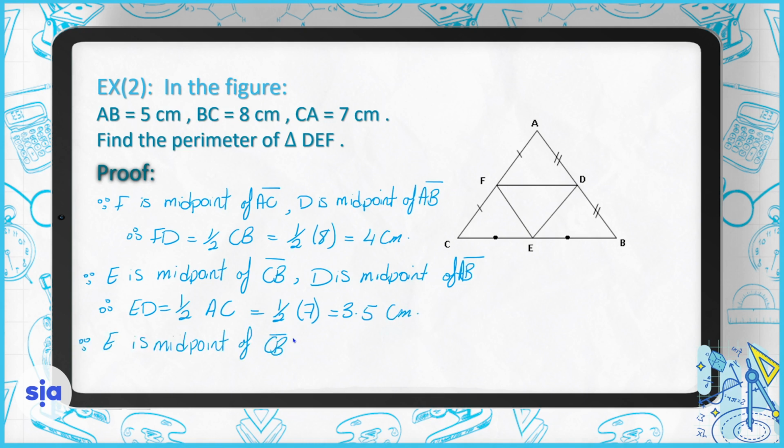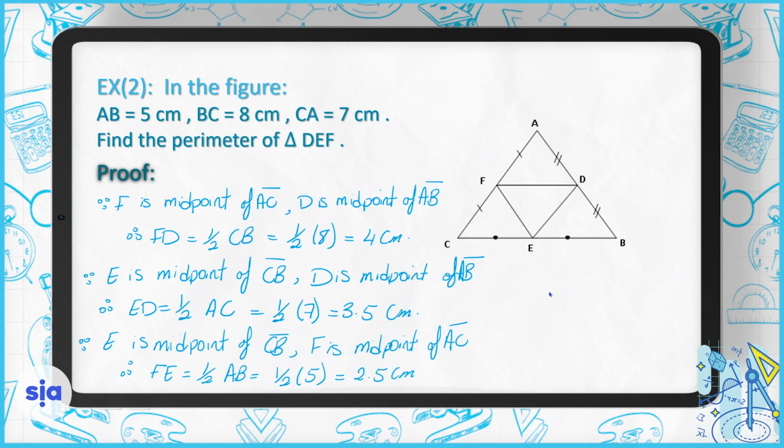Same thing again to find FE, since E is the midpoint of CB and F is the midpoint of AC, therefore FE is half AB, which is half of 5, that is 2.5 centimeters.